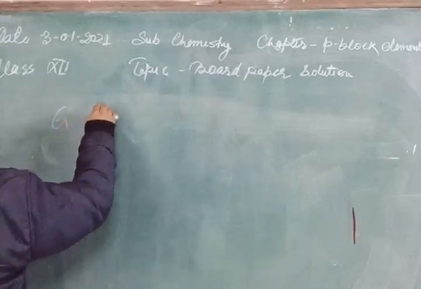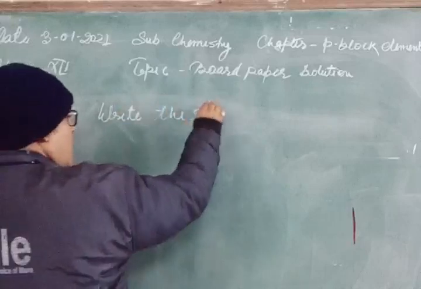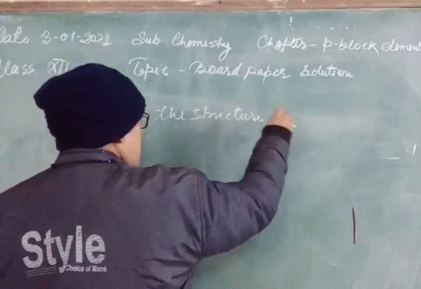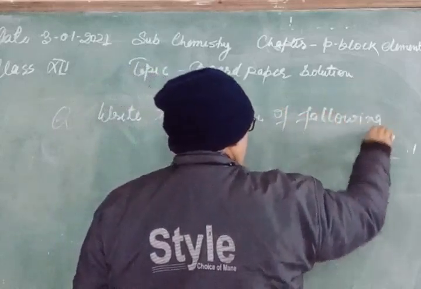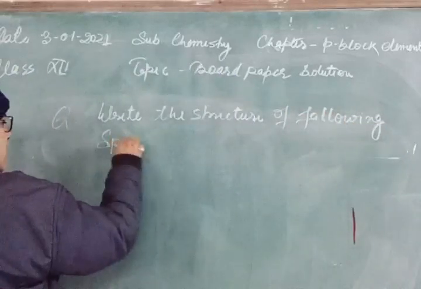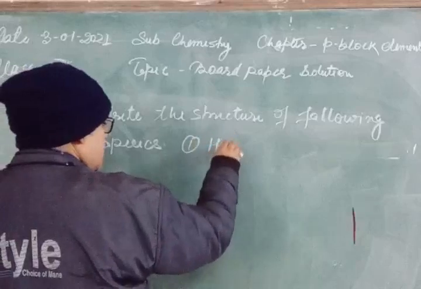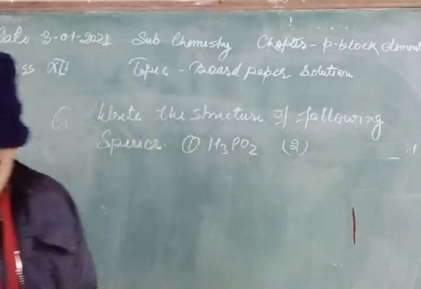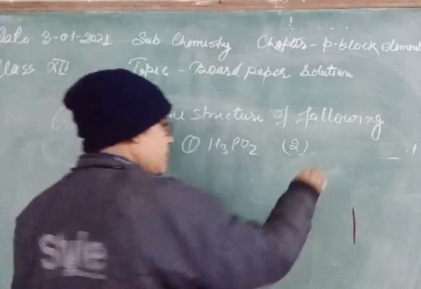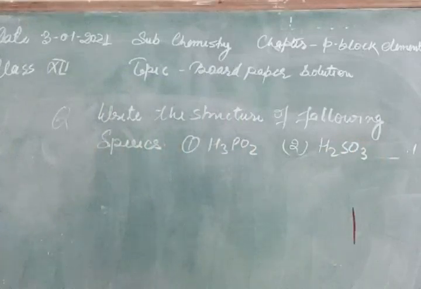The species are H3PO2, the first one, and the second one is H2SO3. This question was asked in 2013.